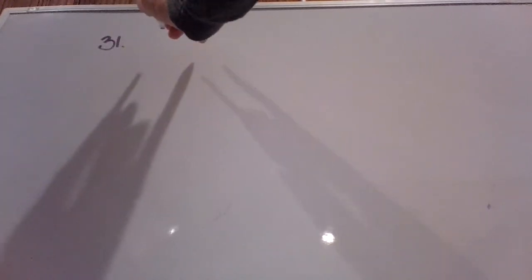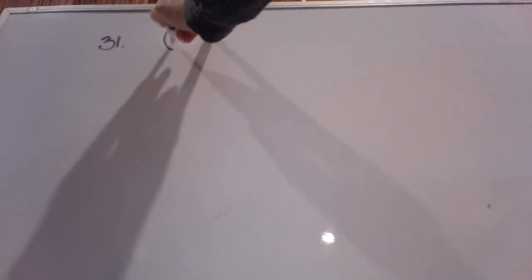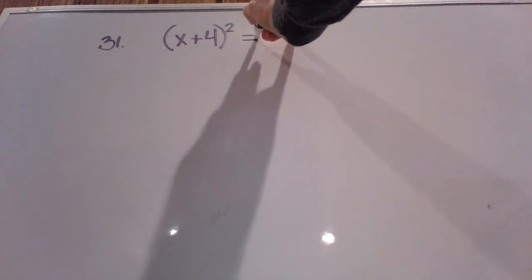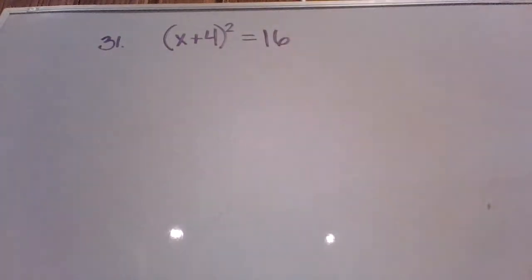Okay, 31 and 33 are a little bit different because on these we get two different numbers. And I'll show you. Number 31 is x plus 4 squared equals 16.